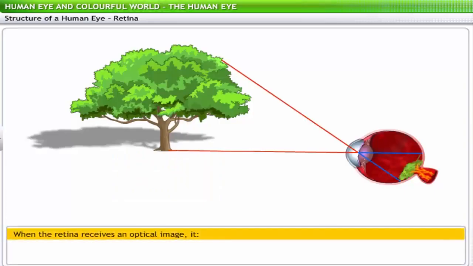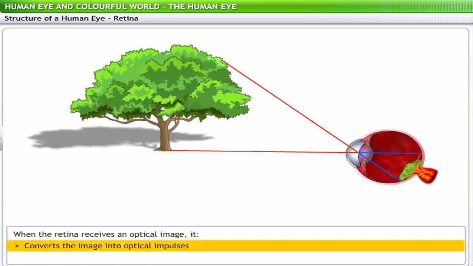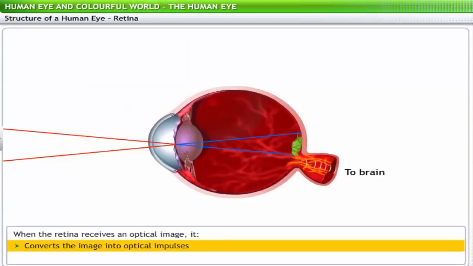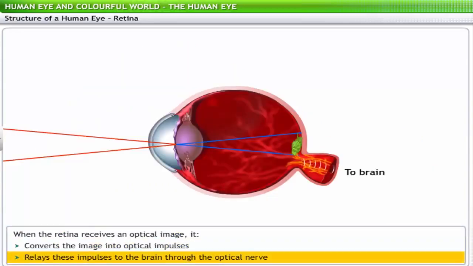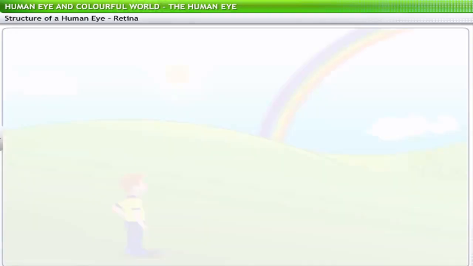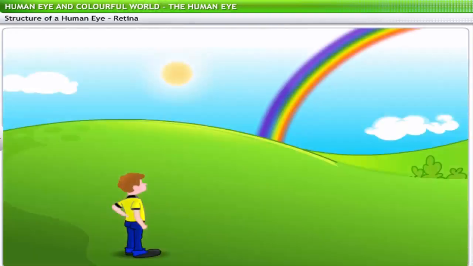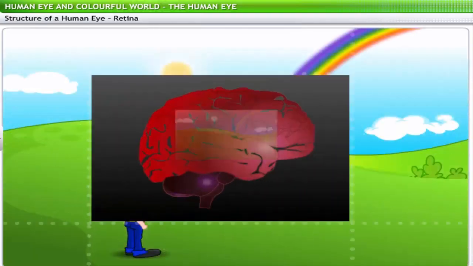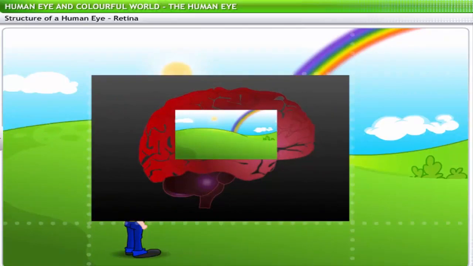When retina receives an optical image, it converts the image into optical impulses and relays these impulses to the brain through the optical nerve. The brain then interprets these signals to an image of the object viewed through the eye. That's how the eyes help us to see.